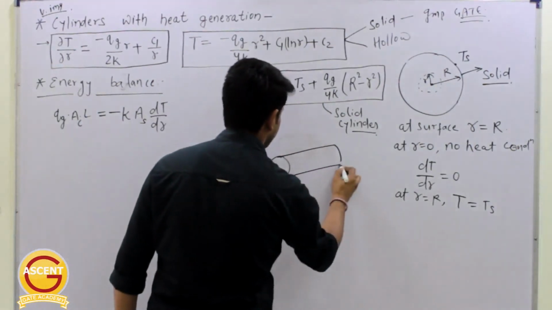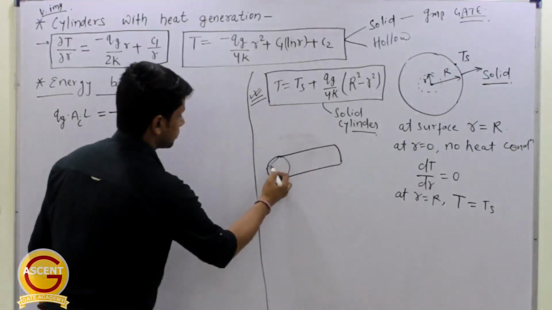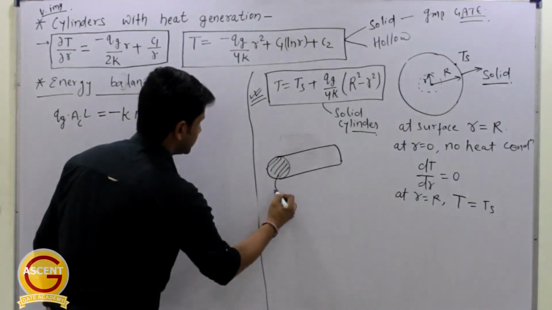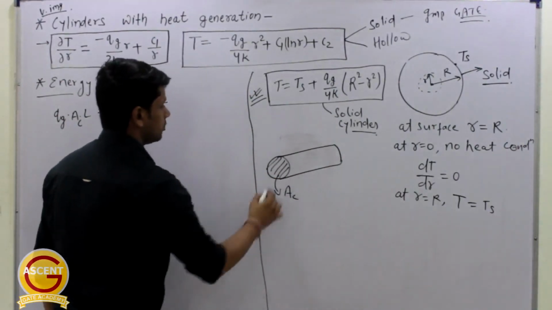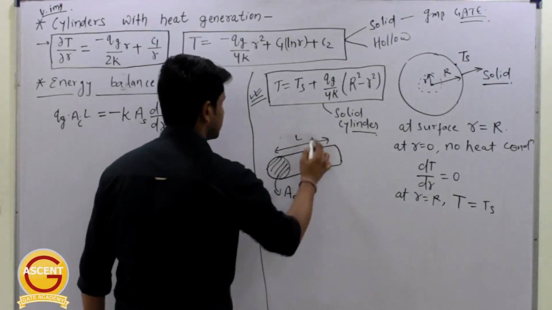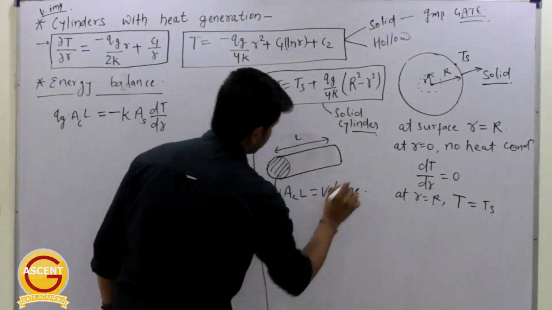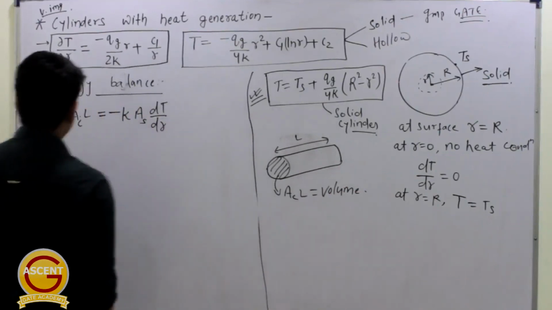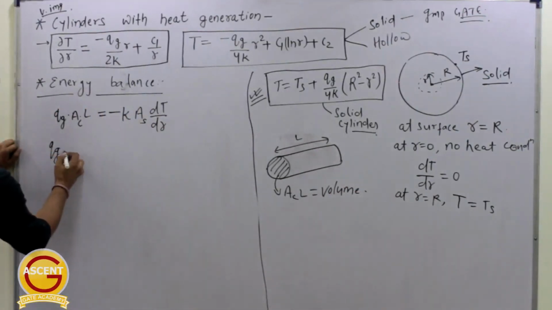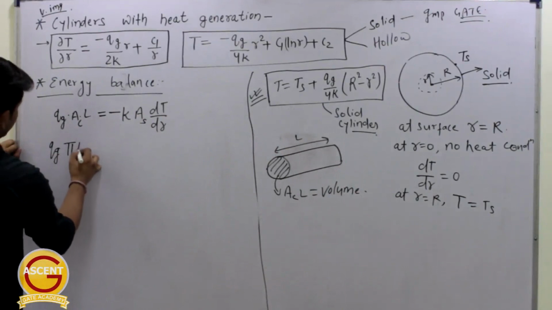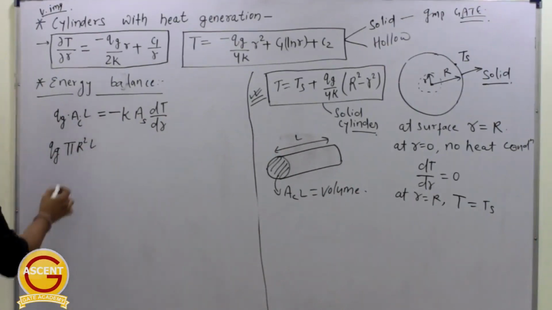Correct or not? So this is the cross sectional area Ac, and when you multiply with length, Ac into L, it will give you the volume, right? And for a cylinder, what is this cross sectional area? We can write Qg into pi into r square into L.